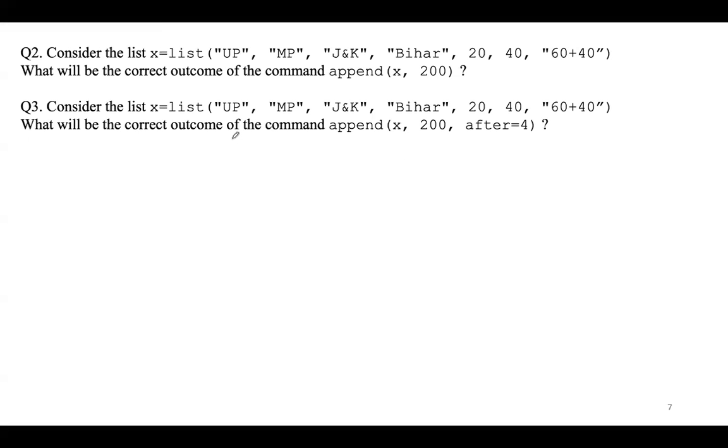And the other one is what would be the correct output of the command append x comma 200 after 4? So would the output still be a list, or would it be changed into something else? You can maybe unmute yourself and try.